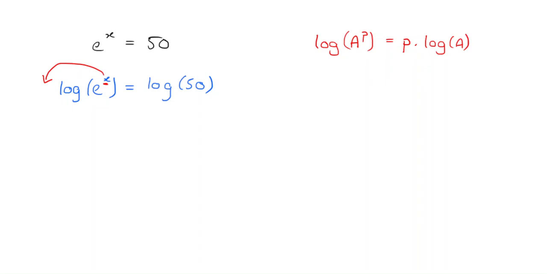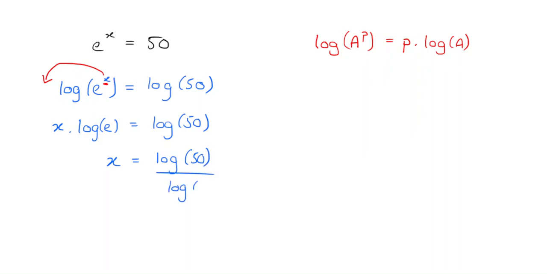So now we can write x times log e is equal to log 50. And if that's the case, then x is equal to log 50 divided by log e.